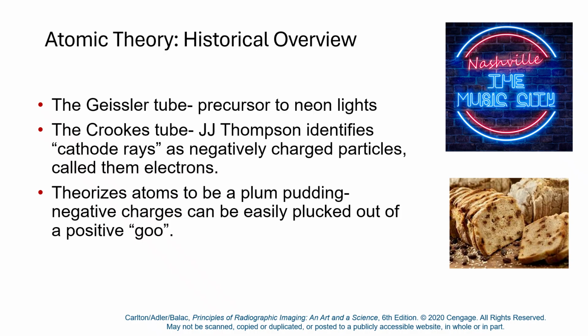And then maybe these negatively charged particles are really, really small, and that's why they're easily removed. It's because it's very easy to move smaller objects than it is larger objects. But he really didn't say anything about the bread much. He just said a positive goo. Didn't really say if that was a solid or if it was more of a vaporous cloud or what.